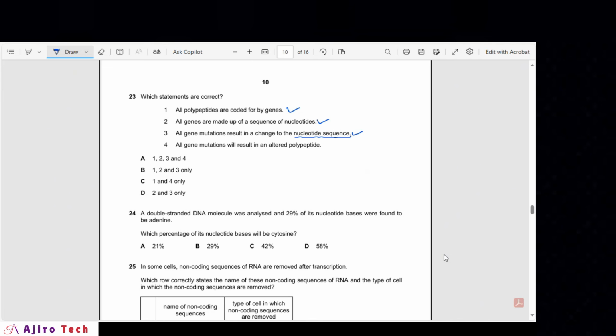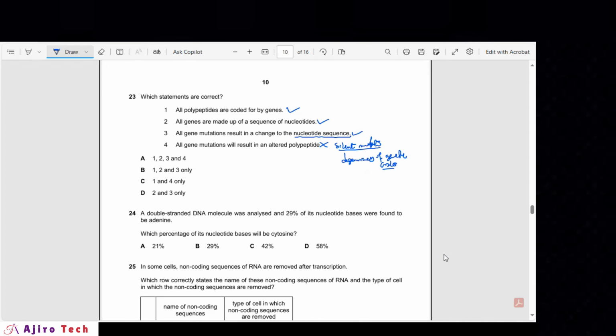But all gene mutations will result in an altered polypeptide. It's not correct. It's not all the time. Sometimes we have what is called a silent mutation, where the new nucleotide sequence is still producing the same polypeptide because of the degeneracy of the genetic code.